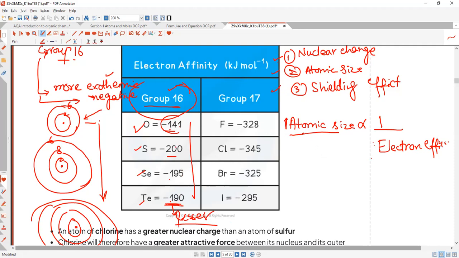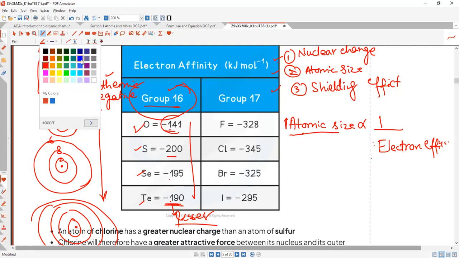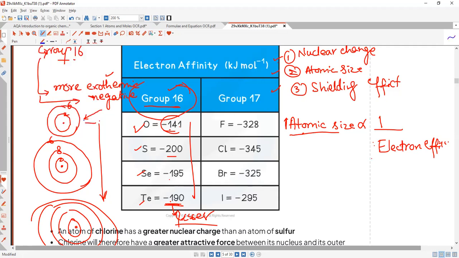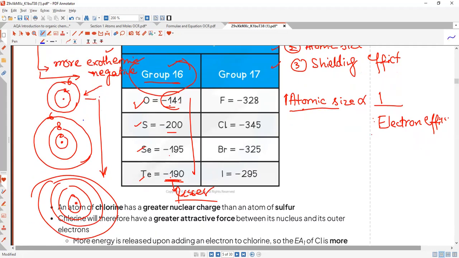And then you will explain by nuclear charge. Now tell me, is nuclear charge increasing or decreasing as we move from top to bottom in group 16? Nuclear charge means nuclear attraction toward the outermost shell. Just compare these three elements: oxygen, sulfur, and selenium.